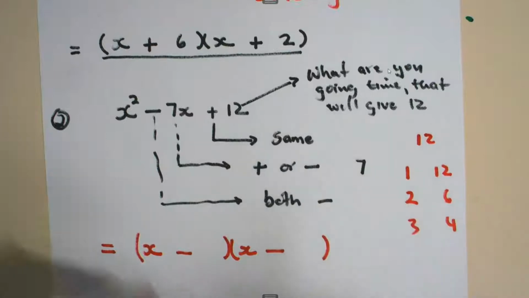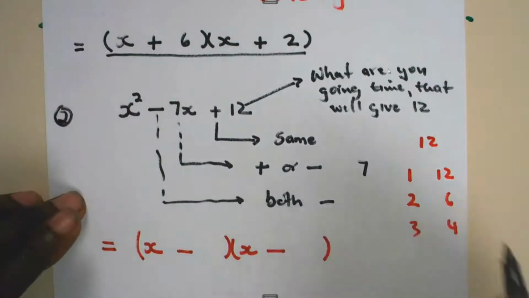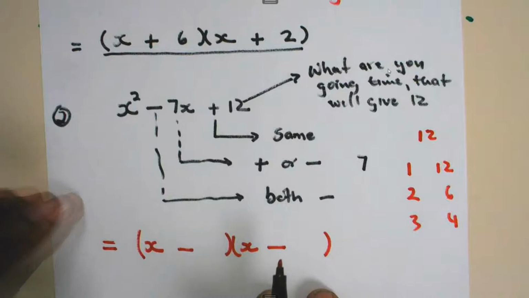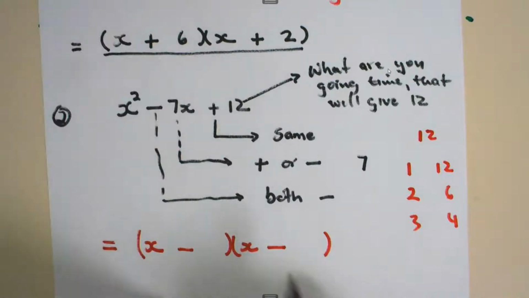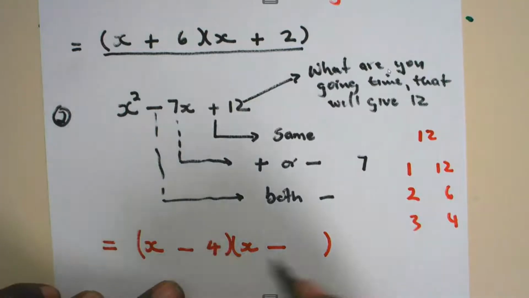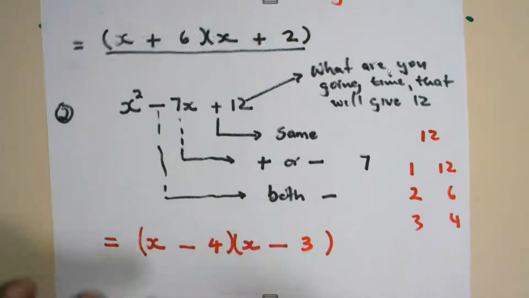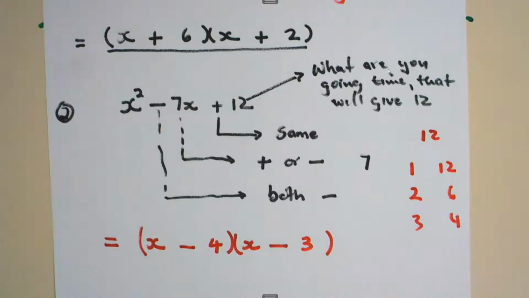It's not giving you negative 7. If it is negative 1 and negative 12, it's going to give you negative 13. However, negative 3 and negative 4 is going to be negative 7. But always start with the bigger factor, which is 4 and 3. So the factors of x squared minus 7x plus 12 is x minus 4 into x minus 3.